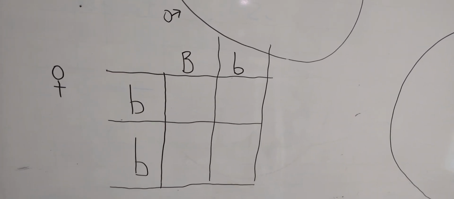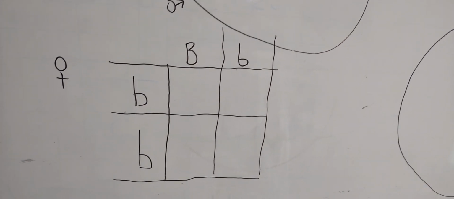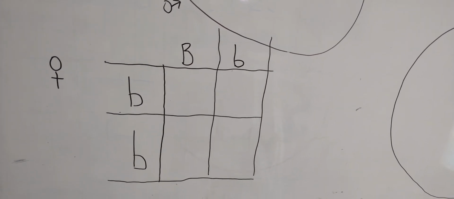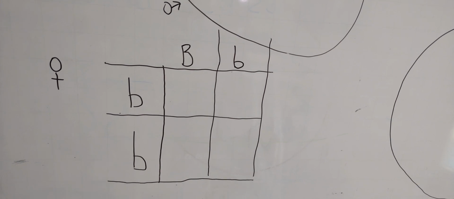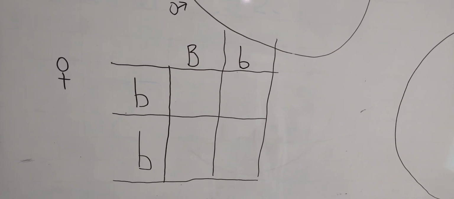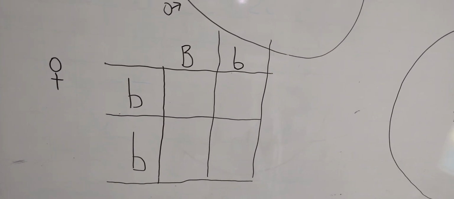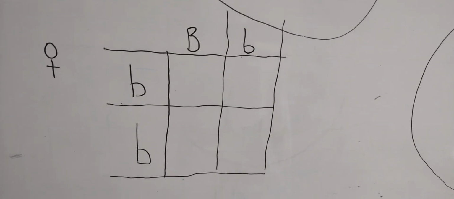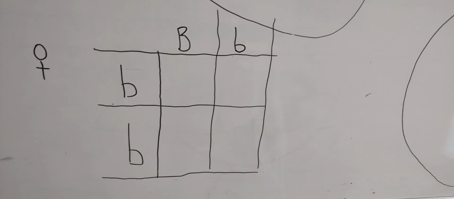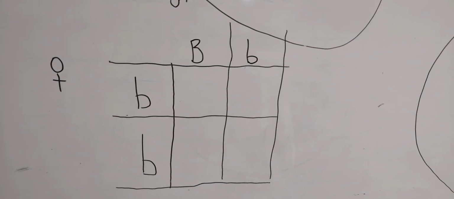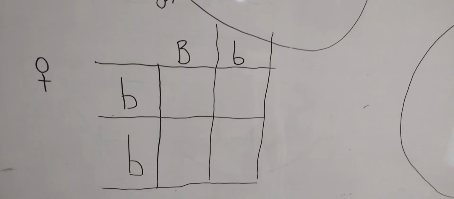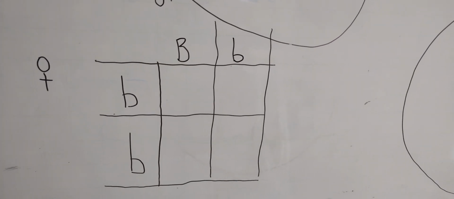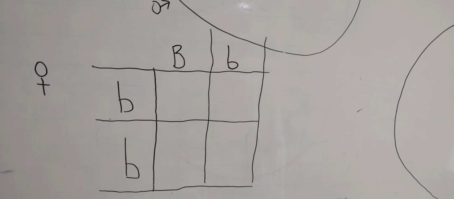And I mentioned that the female has blue eyes, and that means that because this is complete dominance, she's not carrying a brown gene, because if she did, it would completely dominate the phenotype, or how that gene is expressed. So she's going to have two blue-eyed genes, because if she had a brown-eyed gene, then she would have brown eyes.